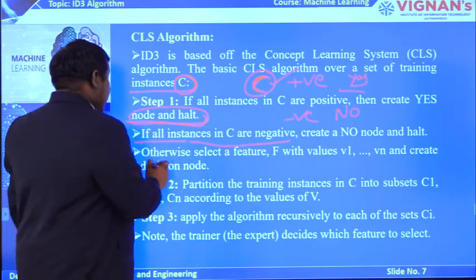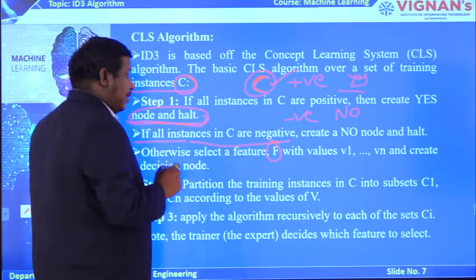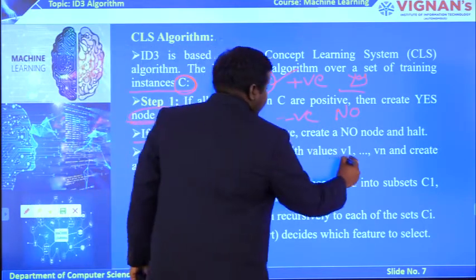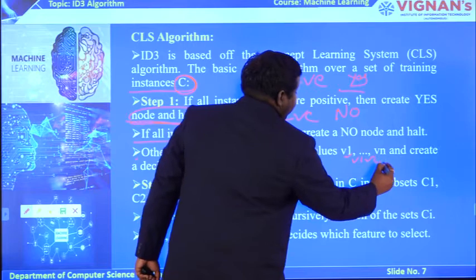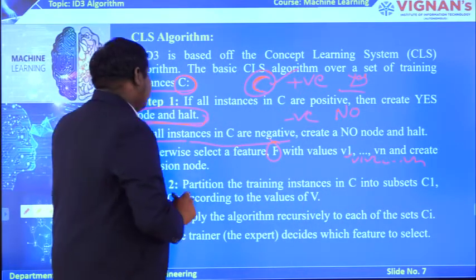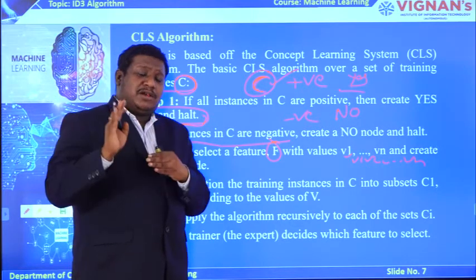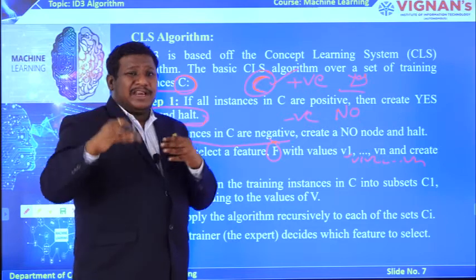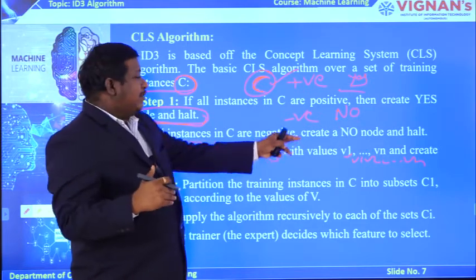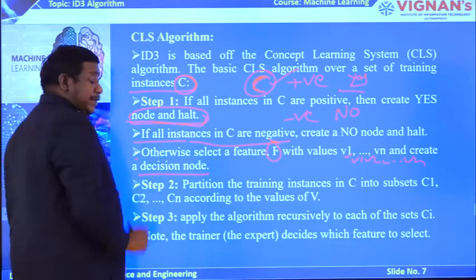Otherwise, select a feature F with values V1, V2, and so on up to Vn, and create a decision node.